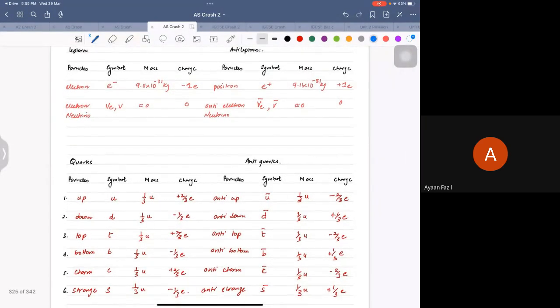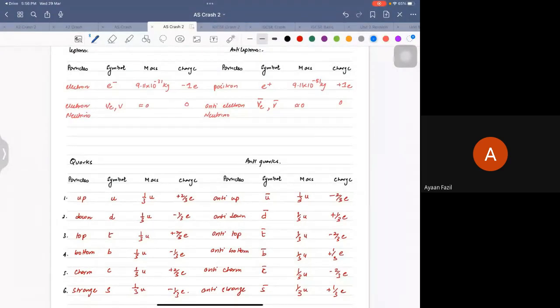Can you see everything? Yeah. Okay, thank you.